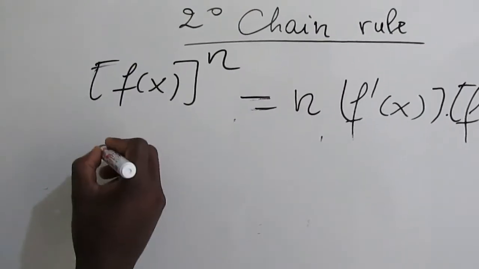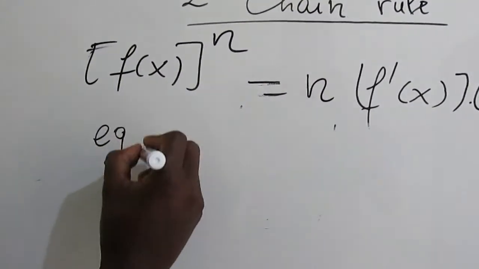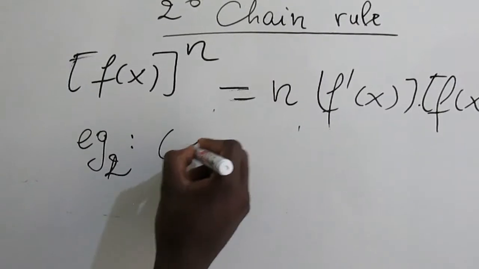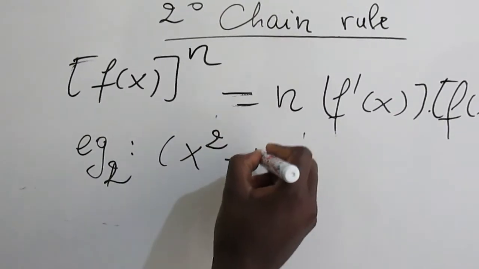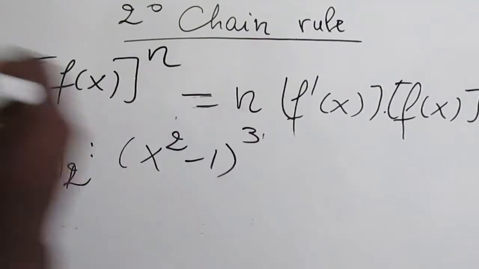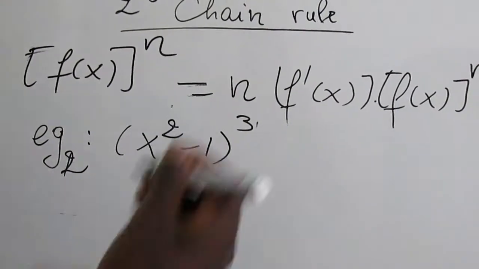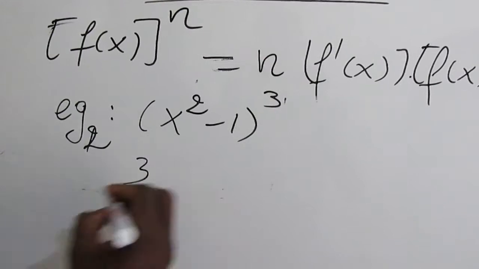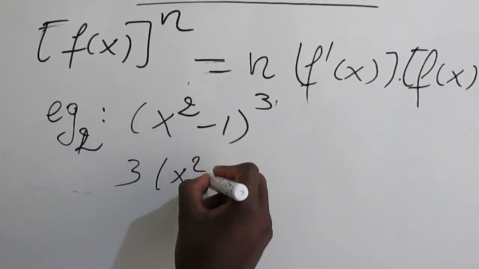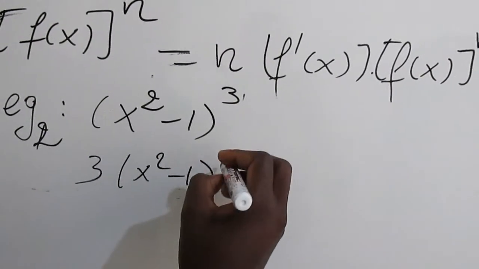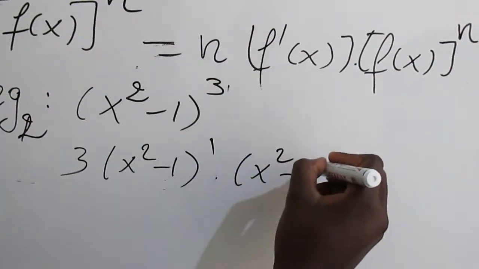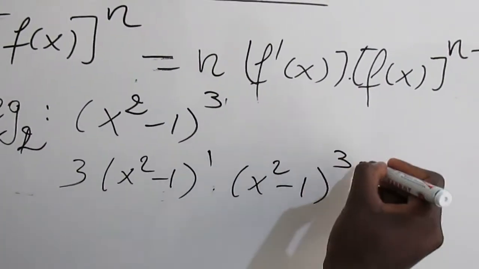Second example. You may also be given, let's say, x squared minus 1 to the power 3. You do the same thing as the first example. You take the 3 down, then you take that function x squared minus 1, you derive it, then you take it back again to the power 3 minus 1.